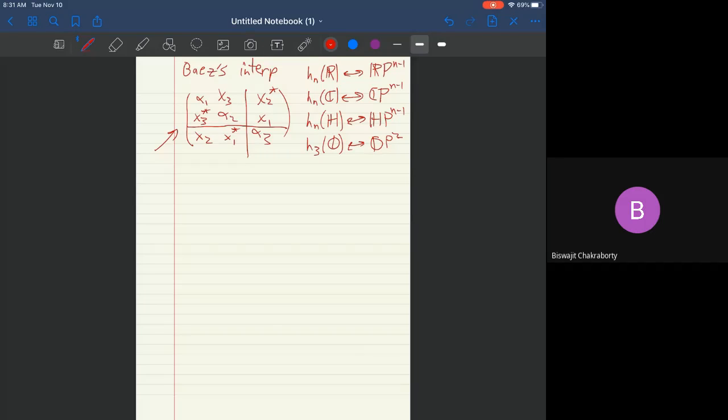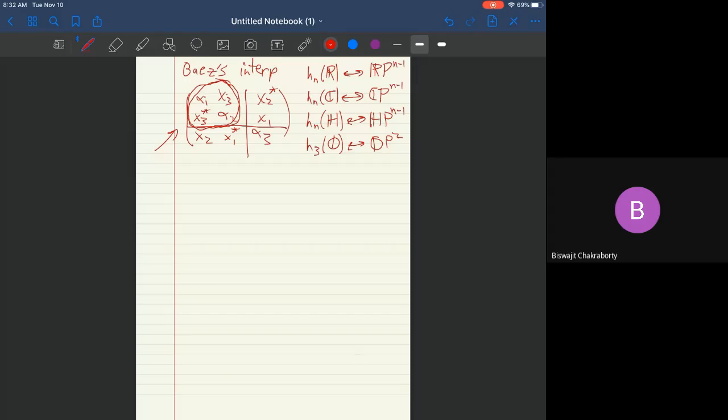But Baez points out that that has a geometric interpretation. See, this 2 by 2 algebra that he's fixing is a 10-dimensional algebra, because it has 2 real numbers on the diagonal and 8 more real numbers off diagonal. So it's a 10-dimensional vector.